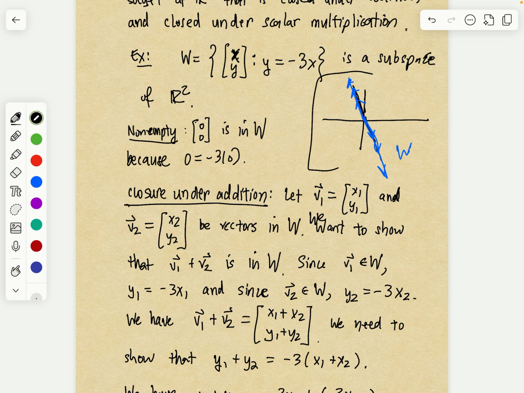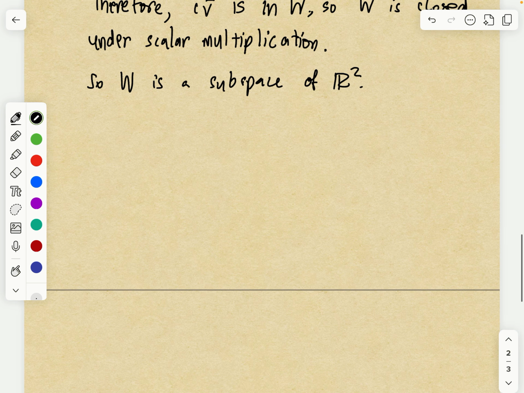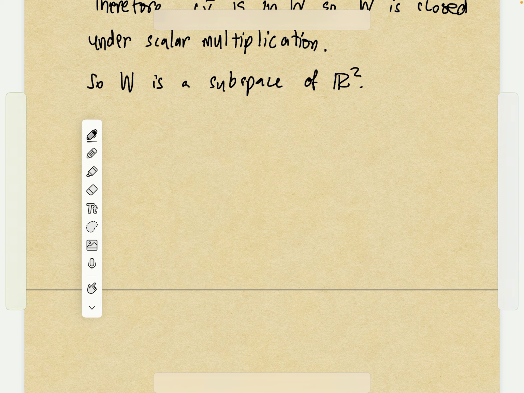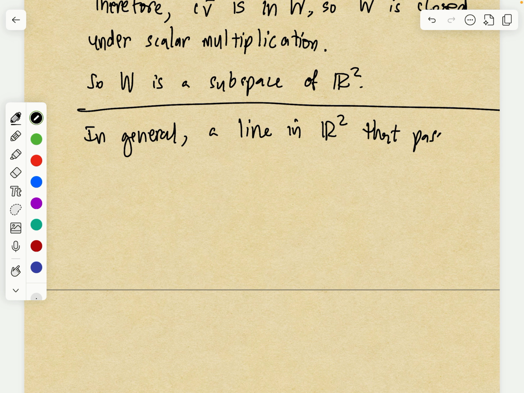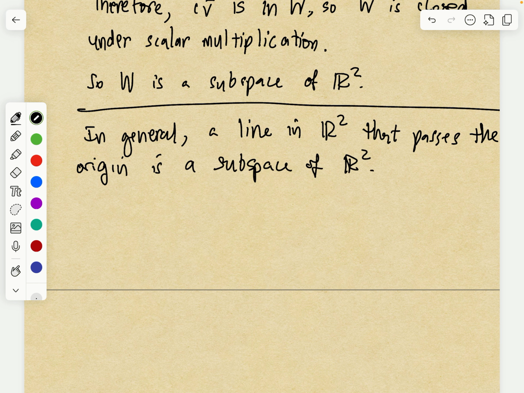And in general, whenever you have a line in R2 that goes through the origin, (0, 0), that's a subspace of R2, by the same sort of reasoning.